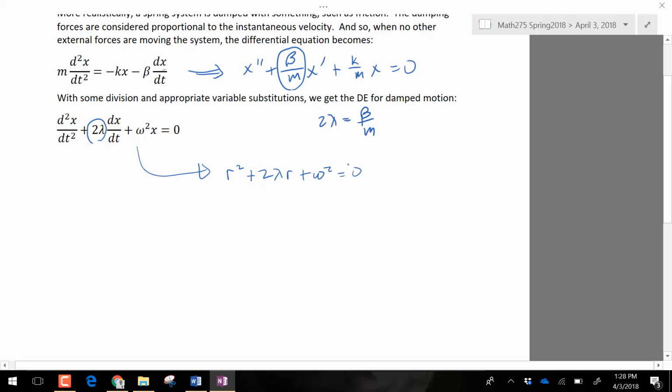We have our, what is it? r is equal to minus 2 lambda plus or minus the square root of (2 lambda) squared. Let's put 2 lambda in parentheses. So that's b squared minus 4, a is 1, c is omega squared, all over 2a.